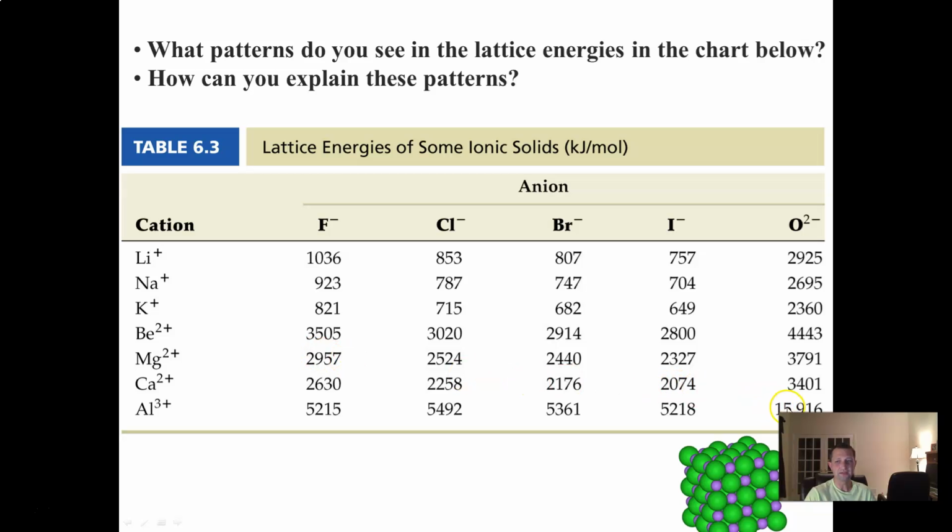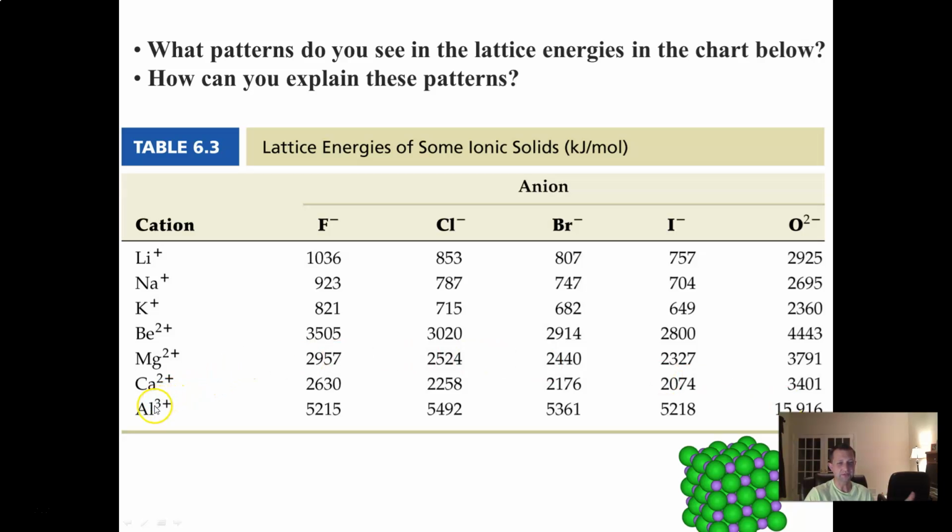Aluminum fluoride has a lattice energy of 5,215, so when aluminum fluoride is created, it releases 5,215 kilojoules per mole. But when aluminum oxide is created, it releases 15,916. It's a big difference.